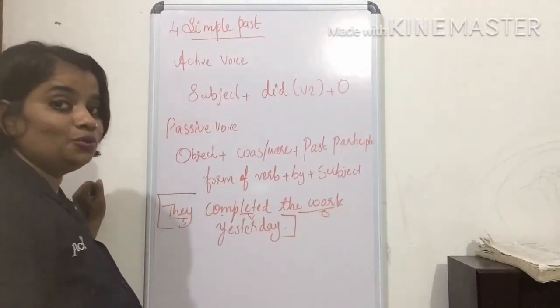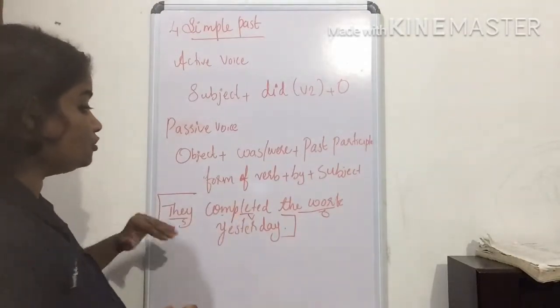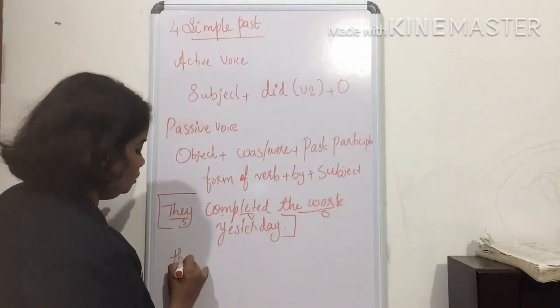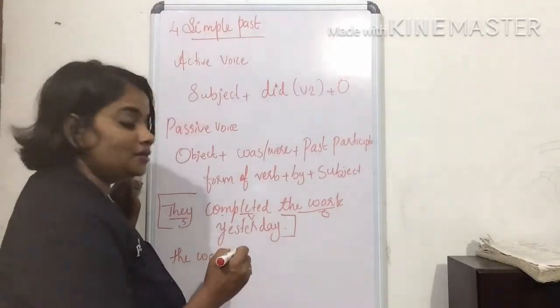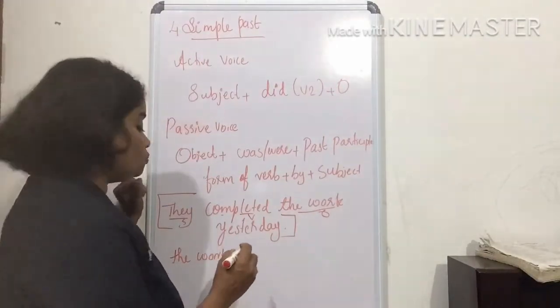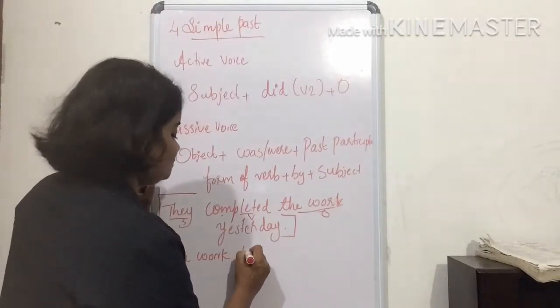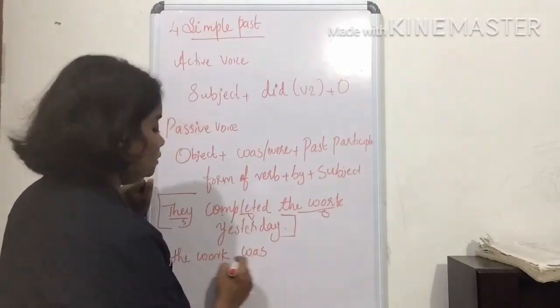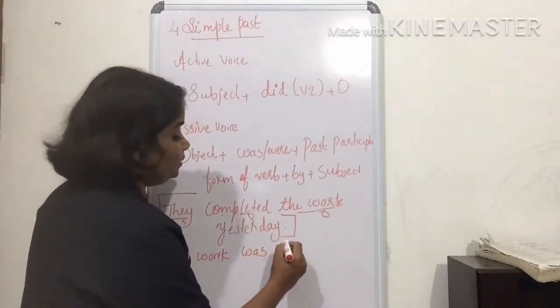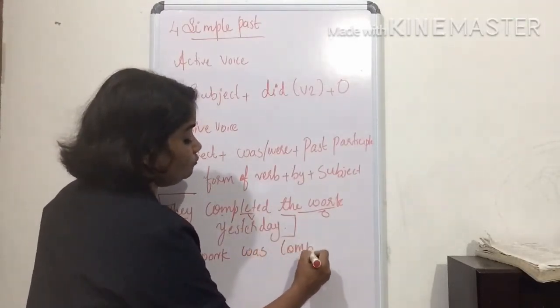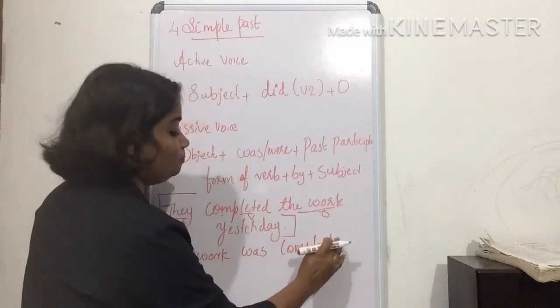So let's try to transform the structure first. The work. Is the work singular or plural? It doesn't mention the works, so it's treated as singular. The work was completed.